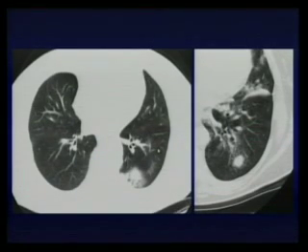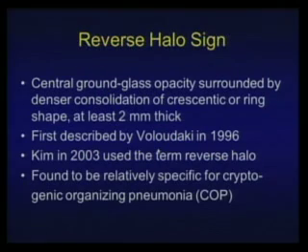Here on the left, we have a nodule surrounded by a ground glass opacity, and this particular case is an infectious process, an atypical mycobacteria. But this other case is a case of organizing pneumonia. We have the reverse halo sign, that is the opposite. So we have a ground glass opacity surrounded by a soft tissue density.